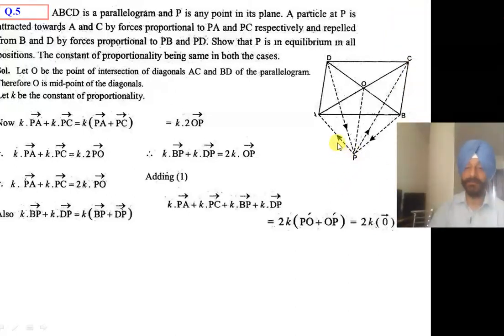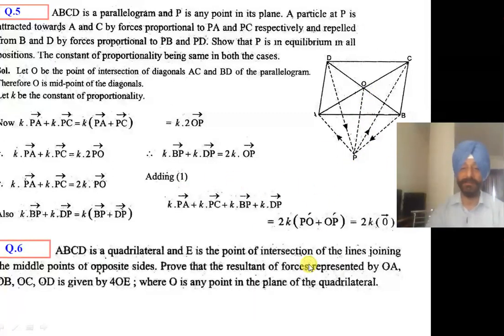If students do it this way, PA plus PC is equal to 2PO, then PB plus PD is also equal to 2PO, and PD is minus DP, and PB is minus BP. So that minus goes to this side, and adding all these we get this answer.